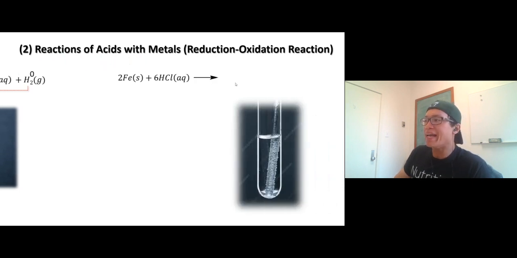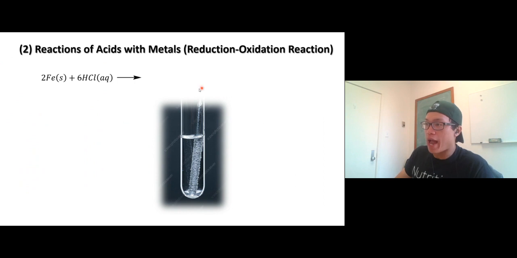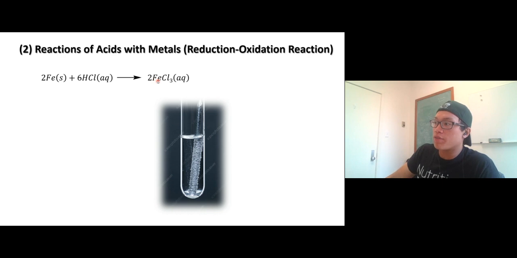Can you predict the product of this reaction? All right, I'll do it. Let's do this together: iron reacts with hydrochloric acid. You can guess that iron will pair up with chlorine, so we get ferric chloride, or iron(III) chloride, and hydrogen becomes hydrogen gas. It's balanced already. So who's oxidized and who's reduced?